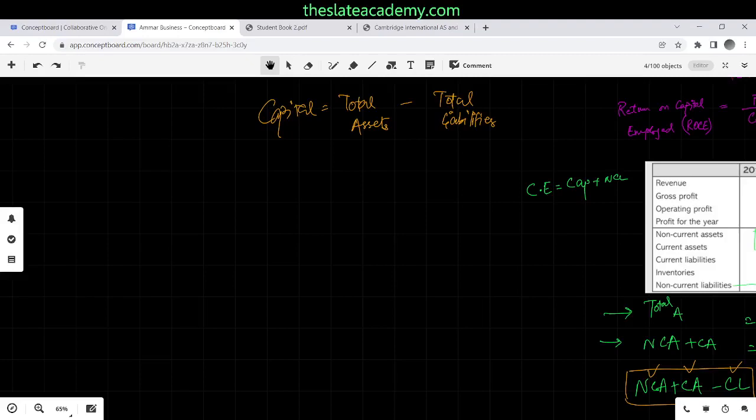Then I have got capital employed, which is either capital plus non-current liabilities, or it is total assets minus current liabilities.